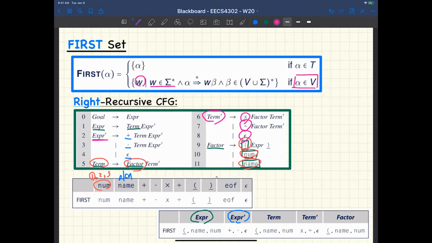And now we want to say alpha itself may take as many derivations as possible into a string, and then we take the first word. So this is the first word, and then it's all such w that will make the set. Whatever beta is, just whatever follows the first word, that one is a little bit less critical. So that formal definition is not too bad. I just want to help you read it.